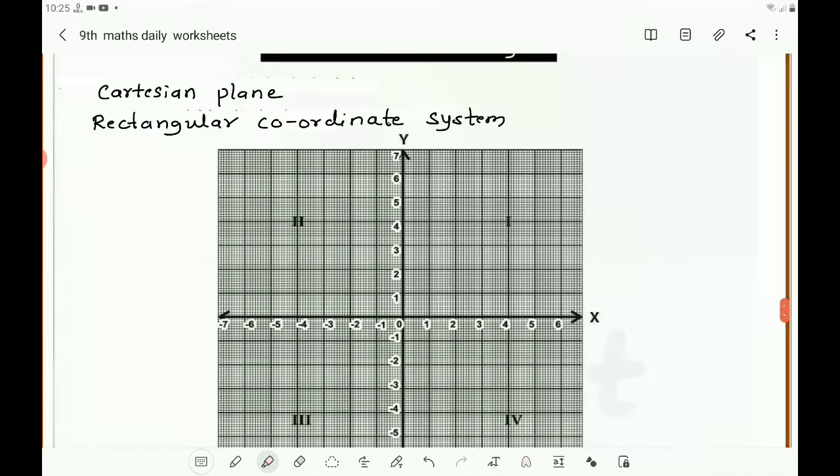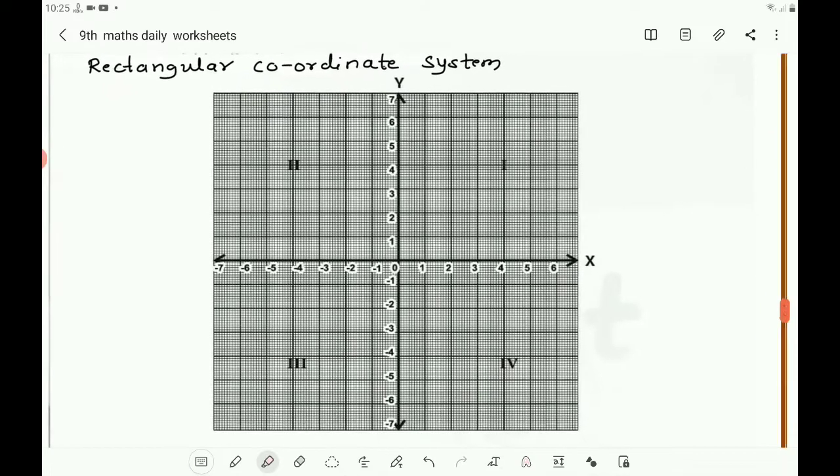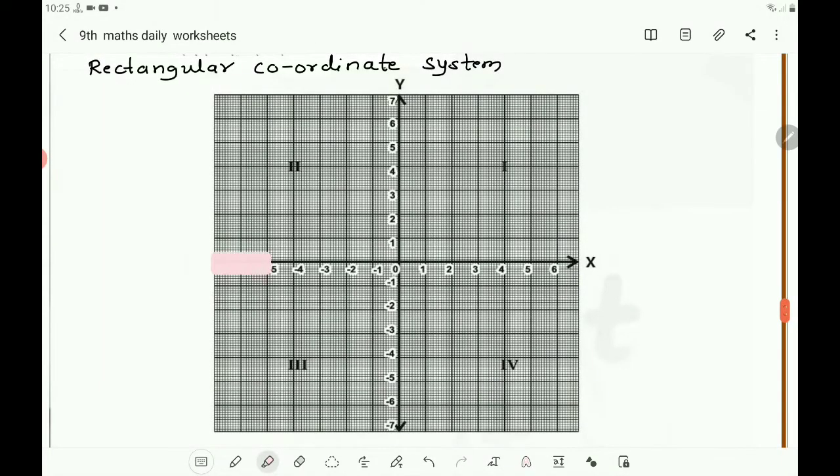Consider the Cartesian plane. See, this is the horizontal line, the horizontal axis, and this is the vertical line, the vertical axis. These two lines are perpendicular to each other and divide the rectangular coordinate system into four parts.